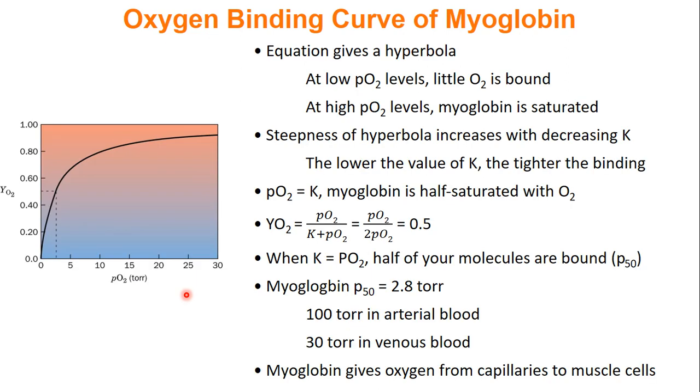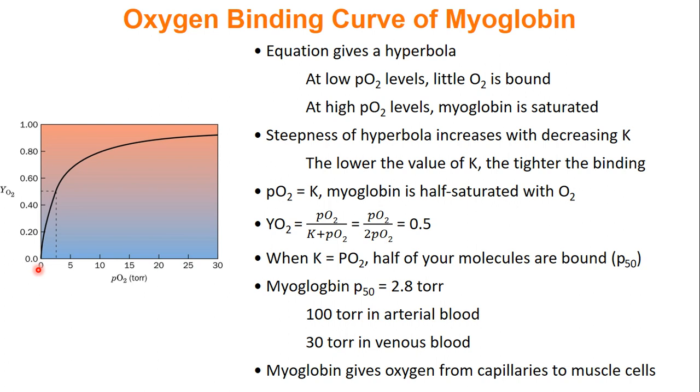And when we make that equation, what we see is that we get a hyperbola. That is, if we plot our fractional saturation of oxygen versus the pressure of oxygen, we get this curve.